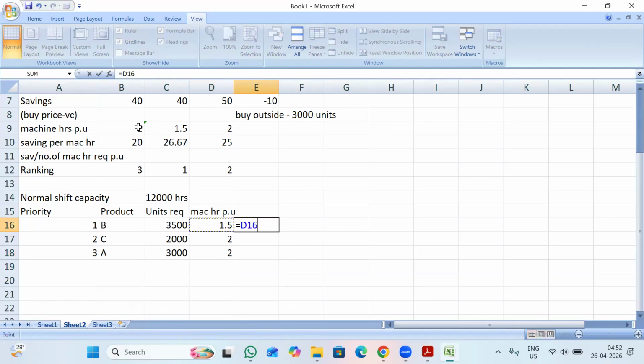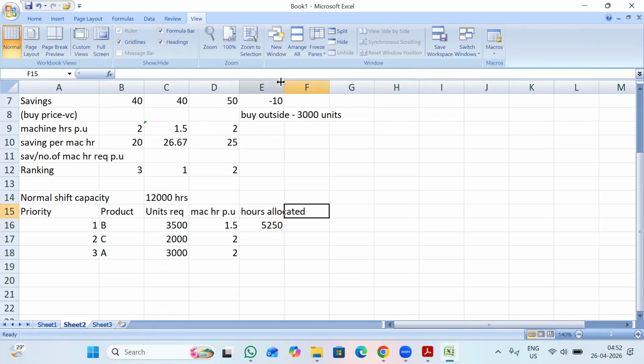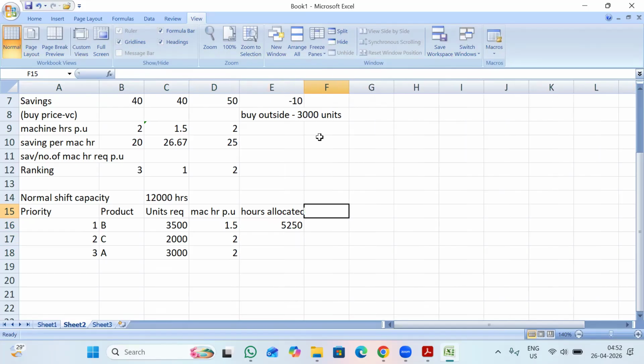So 3,500 into 1.5 hours, 5,250 hours are allocated.